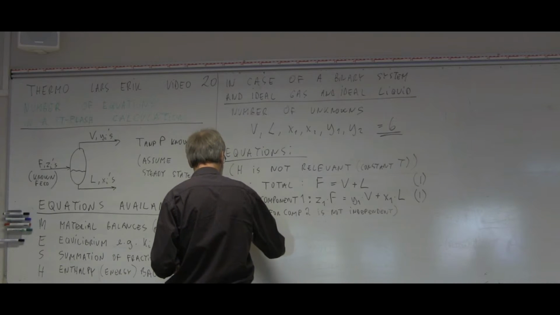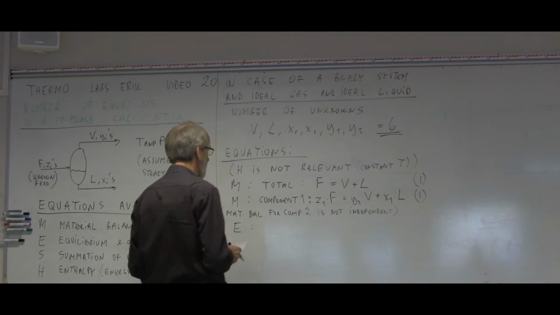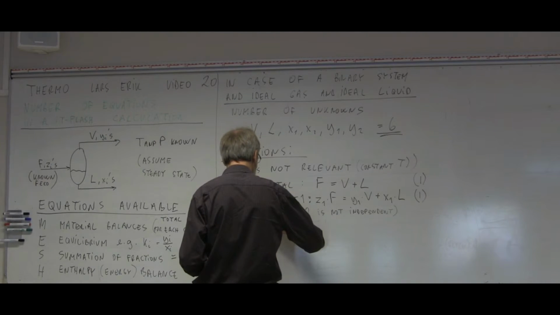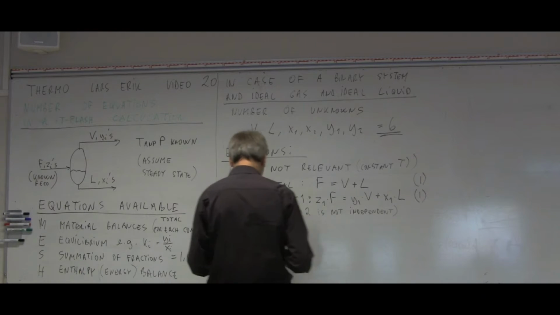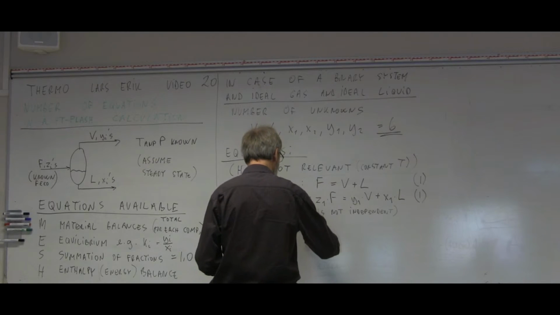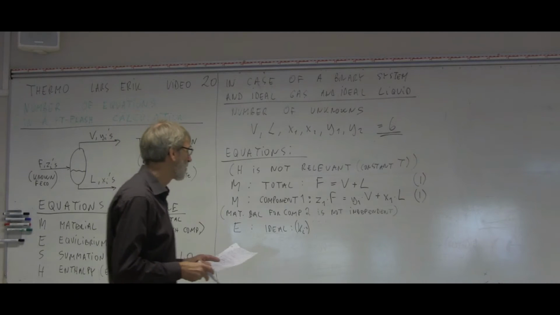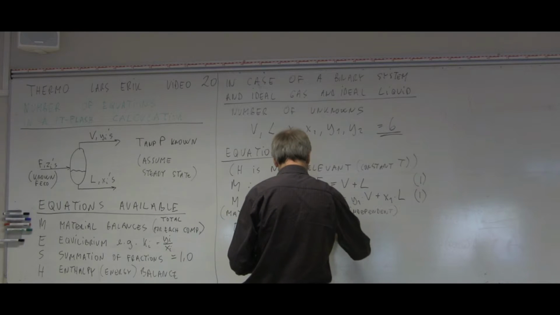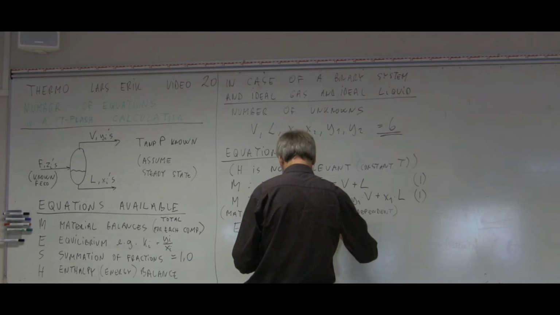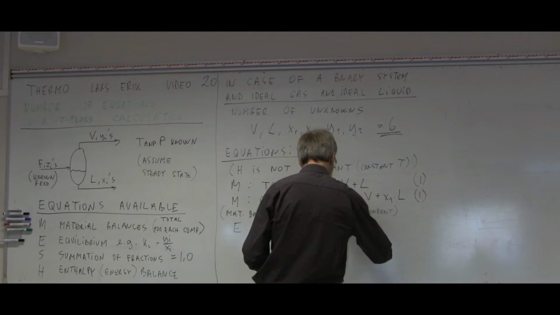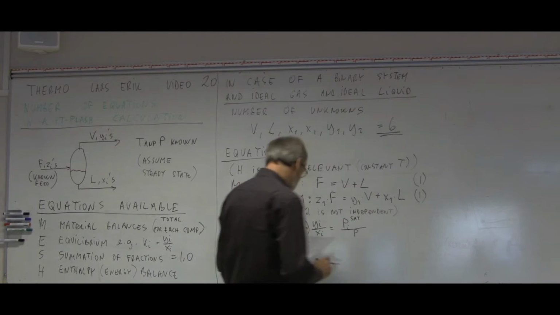And then we have the equilibrium, and when it is ideal, then Ki, we do not need to define the case here. We only need to state that the ratio between y and x is the saturation pressure over the pressure.